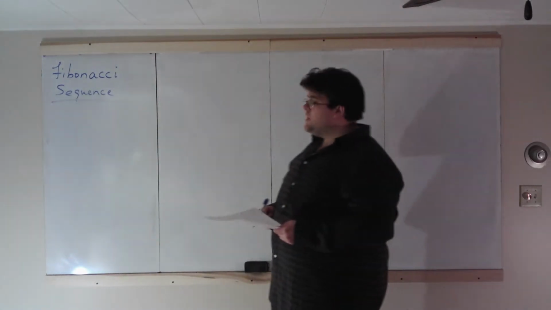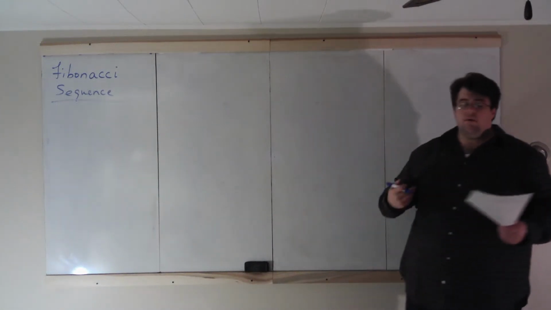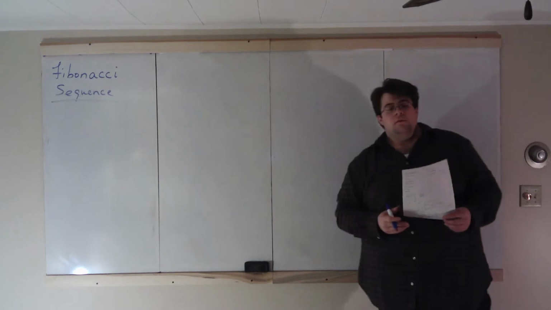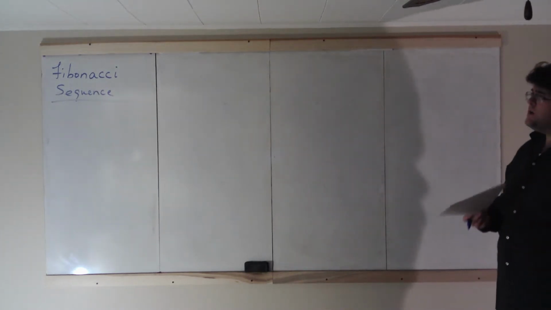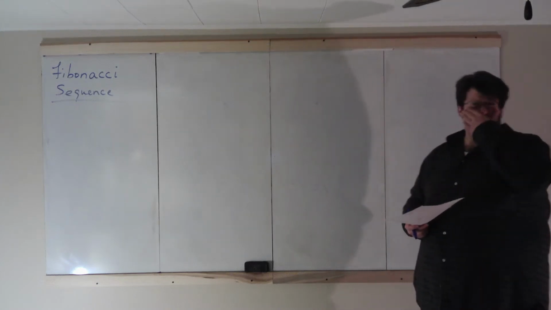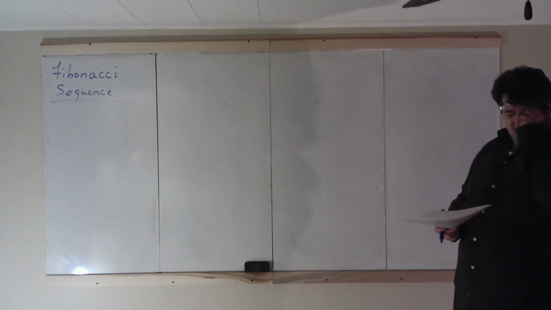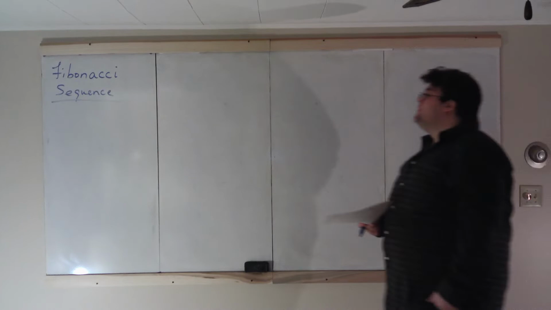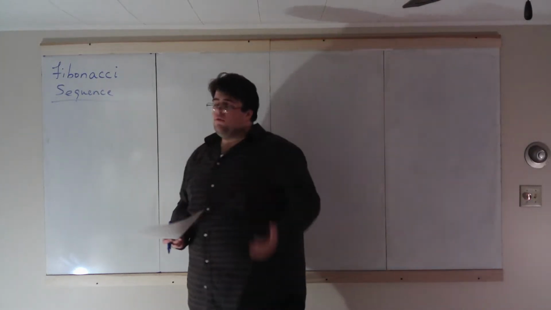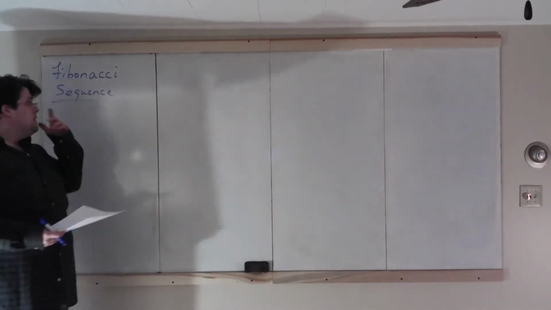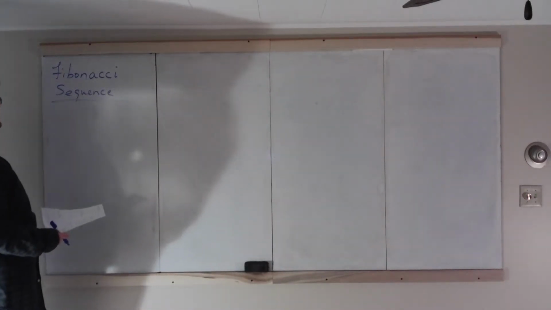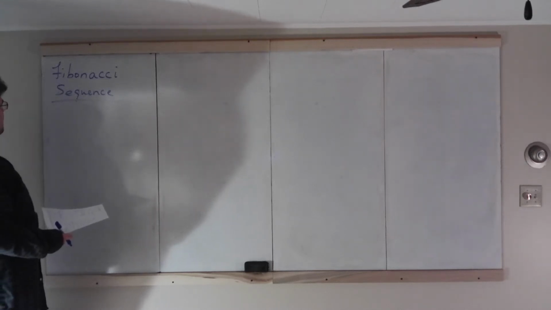It's a pretty famous sequence of numbers. It's defined recursively. Now, Fibonacci was not the name of a mathematician. His name was something else. I forget, it's something Italian. I think it's like Leonardo something. But through time, he became known as Fibonacci. I think he was related to someone from a place that sounded like Fibonacci or something.